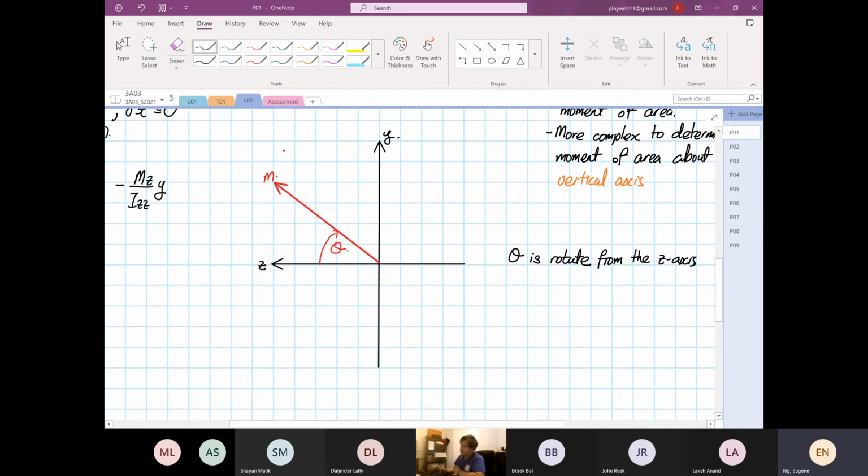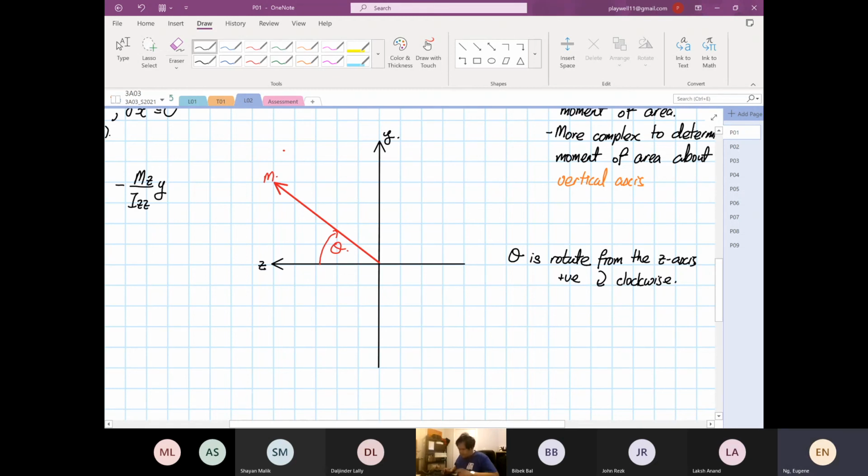And for this case, with how I've drawn, okay, positive is clockwise. I highlight again, positive is clockwise. Okay, you have to remember this. Okay, so again, the moment vector is rotated from the z-axis. Okay, and clockwise is positive. Okay, so I want you to first construct this diagram first.